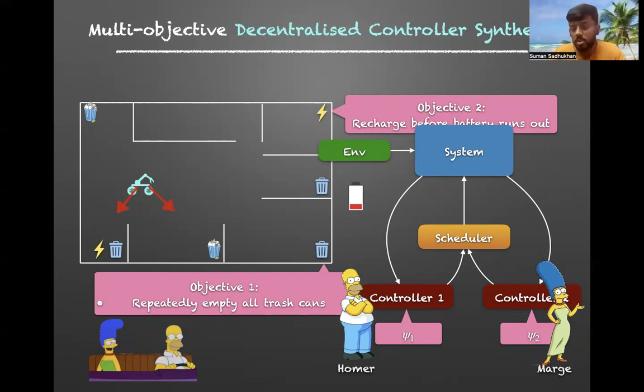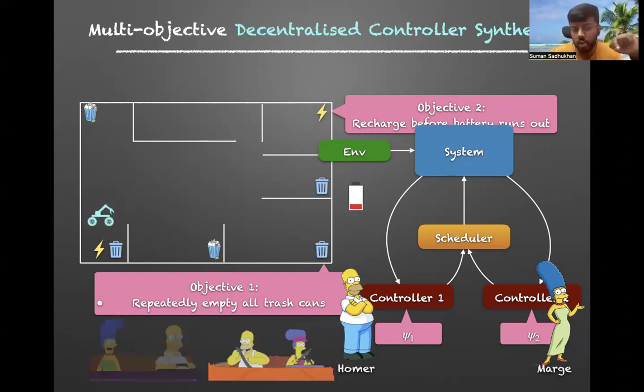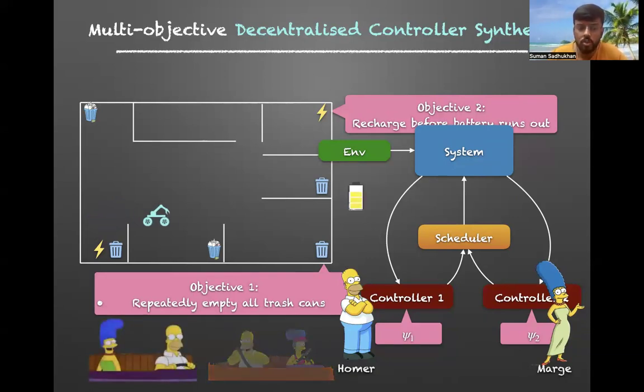And Marge's objective was to make sure that whenever the battery runs out, the robot goes to the charger. So here she will take the control from Homer and move the robot to the charging point. And whenever the charge is enough again, she will give the control back to Homer, and he will collect the trash.